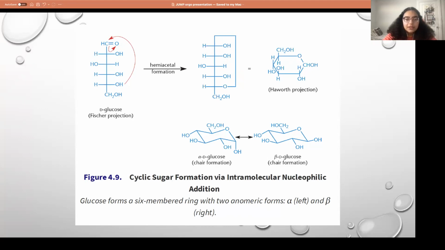It was the carbon that had the carbonyl when it was in a straight chain, and now it's chiral after you make the ring. Alpha anomers will have the OH on the anomeric carbon trans to the free CH2OH group, and for beta, it'll be cis to that group. You can see it in the diagram there.